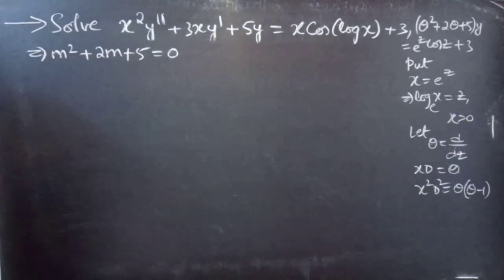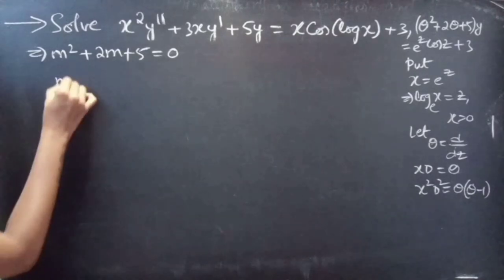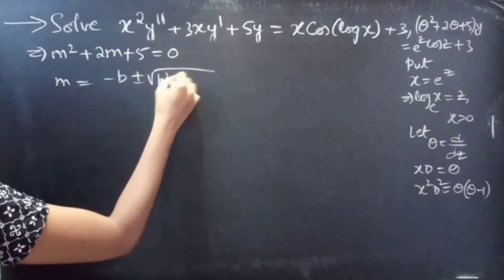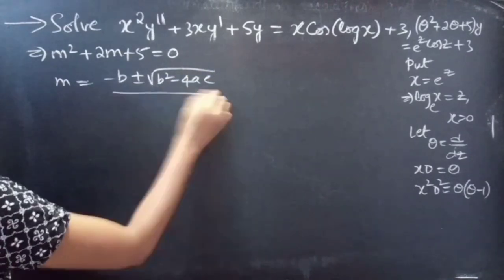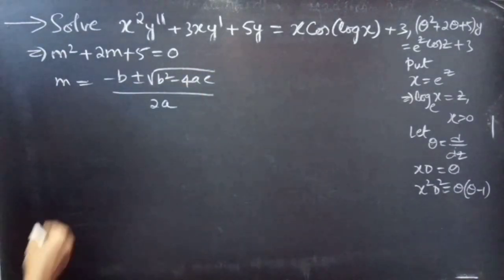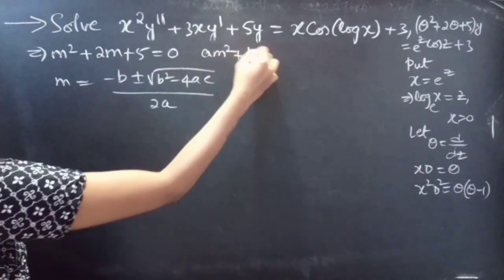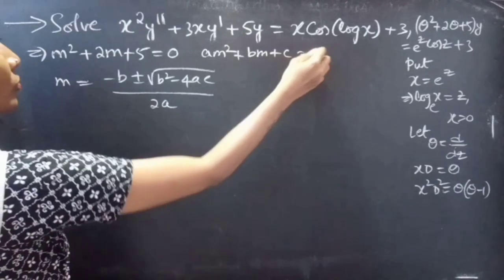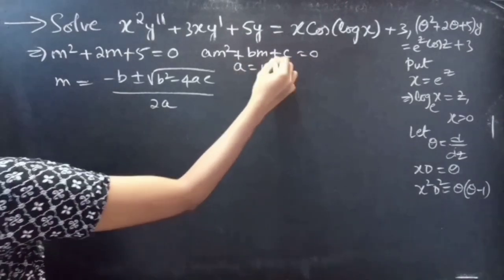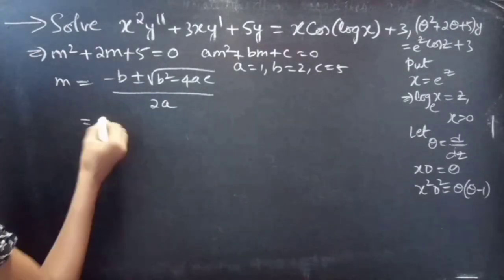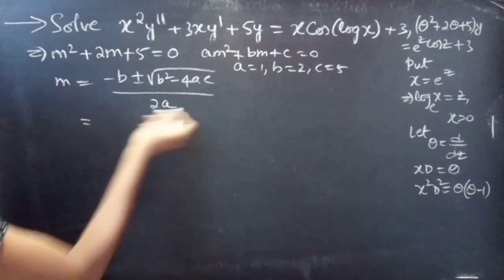Now let's find the roots of our auxiliary equation using the quadratic formula, m equals minus b plus or minus square root of b square minus 4ac by 2a. Just compare this equation with the quadratic equation in m. Then a equals 1, b equals 2, c equals 5. Now replace the values in this formula.